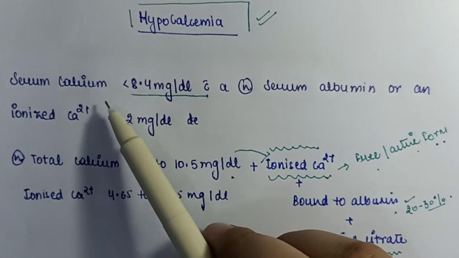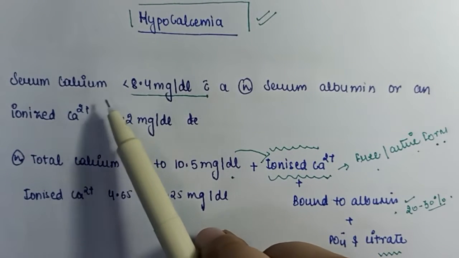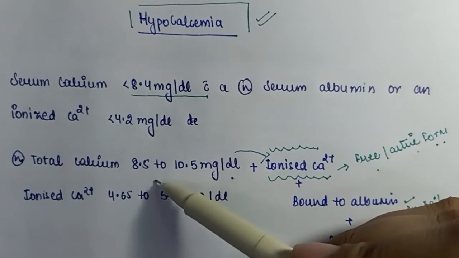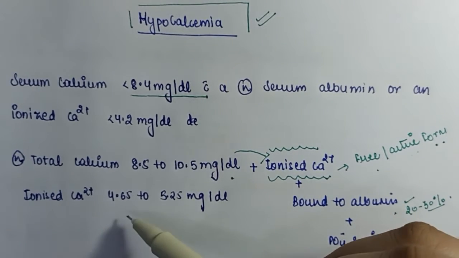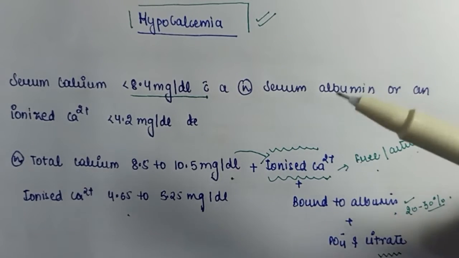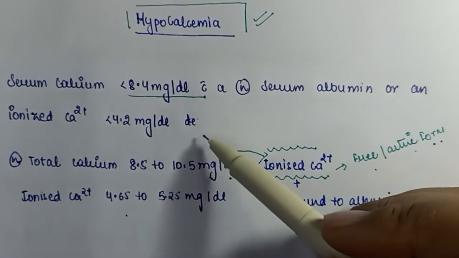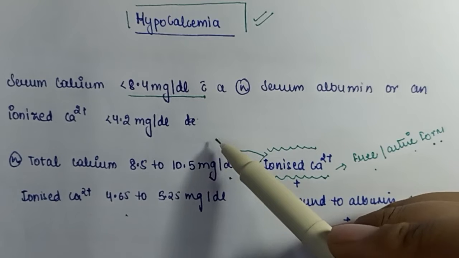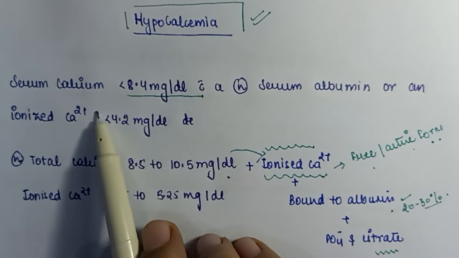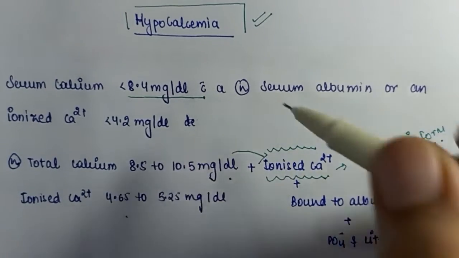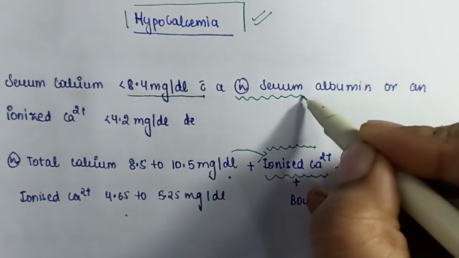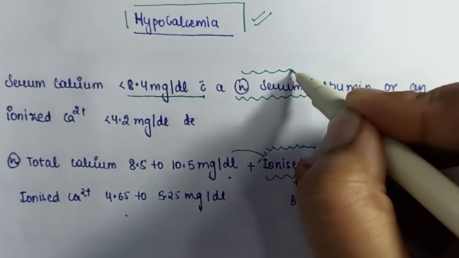So what is the normal serum calcium level? Normal serum calcium level is 8.5 to 10.5 milligram per deciliter, in which ionized calcium is 4.65 to 5.25 milligram per dl. We call it hypocalcemia when serum calcium is less than 8.4 milligram per deciliter with normal serum albumin. Normal serum albumin is very important.